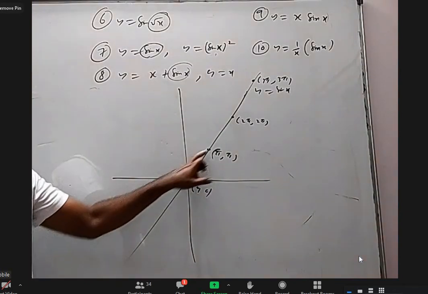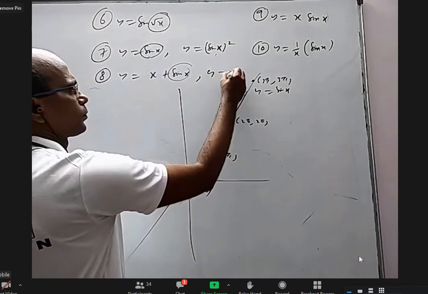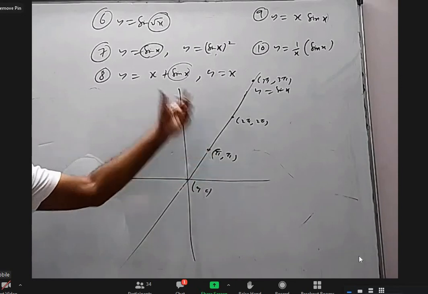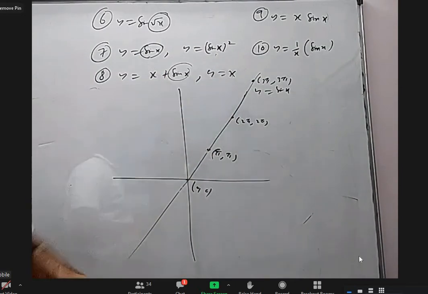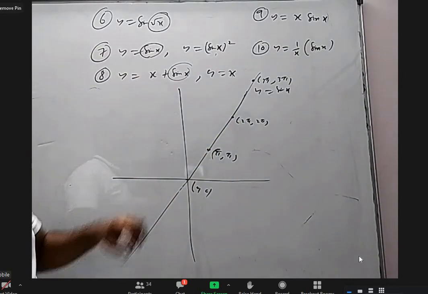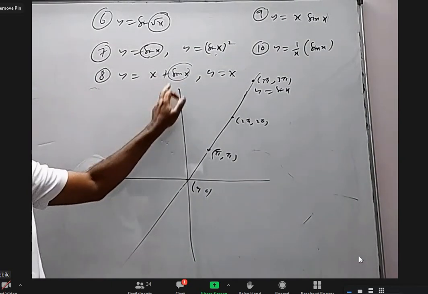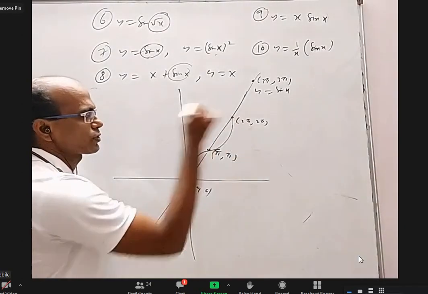Now tell me, between 0 to pi, which is higher out of these two? Between 0 and pi, sin x is a positive value, so x plus sin x is higher than x, right? But if I take between pi and 2 pi, sin x is negative, so this is a little less than x.